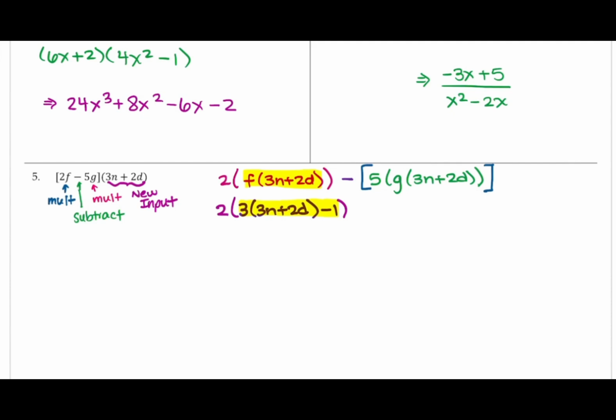So let me set up my g function. We have subtract. Let me start with my extra grouping symbol. We're going to take 5 times the entire g function. The g function is x squared minus 2 times x.